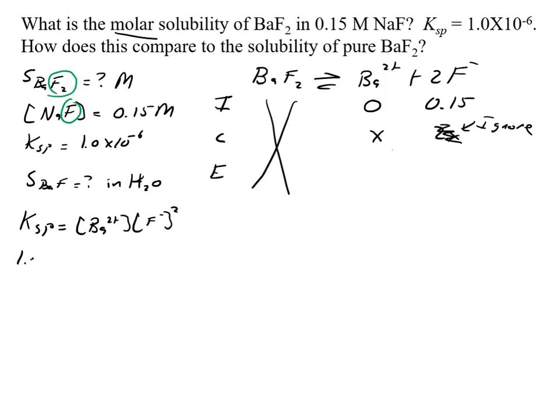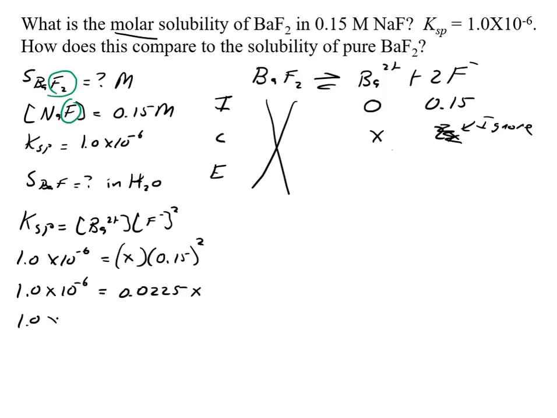So I have 1.0 times 10 to the minus sixth is equal to X times 0.15 squared. So I simplify the right-hand side. It's going to be 0.0225x.